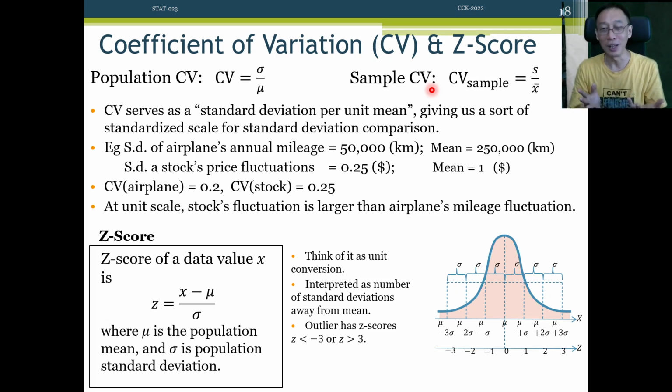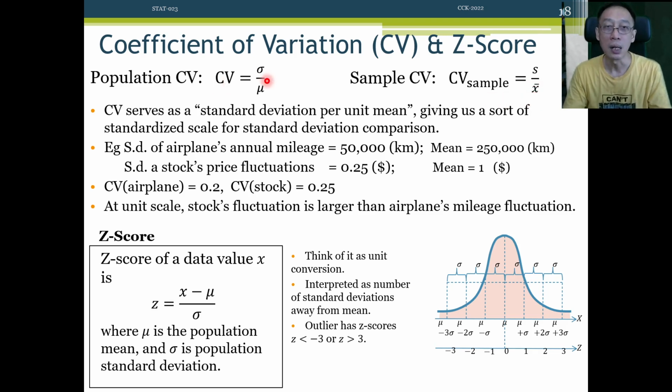But look, if our measurements is about sample, definitely, even if we don't say it, the CV will have to be talking about the sample CV. Now, fortunately, it's a ratio, right? So it's the standard deviation divided by the mean. We will just be using the correct standard deviation, sample standard deviation divided by the sample mean.